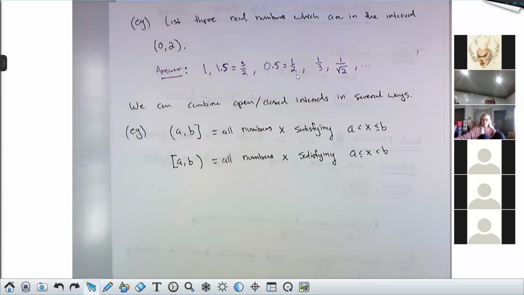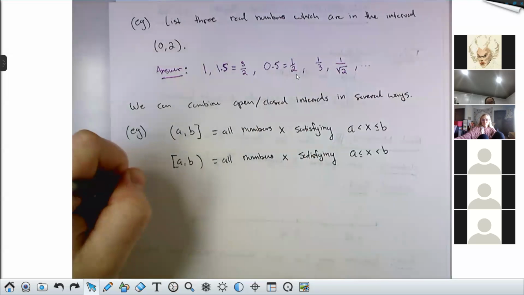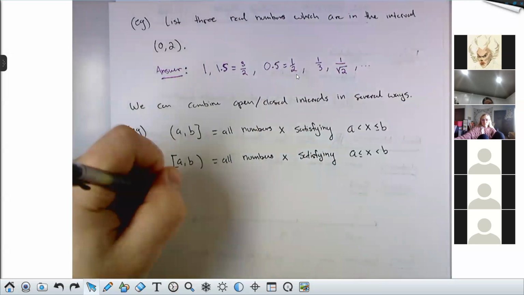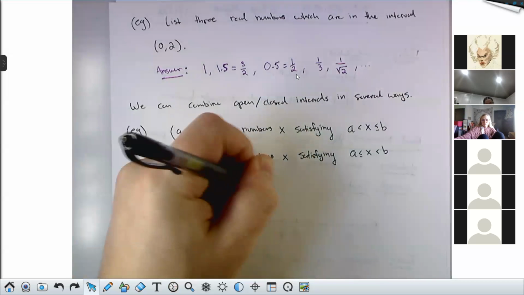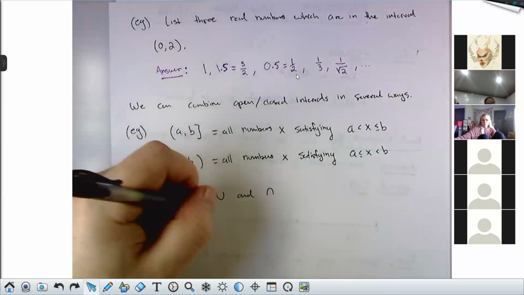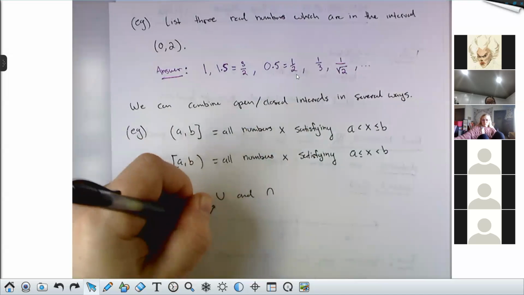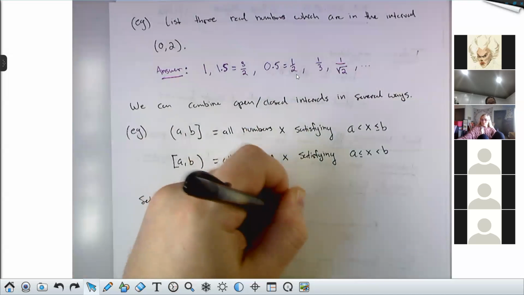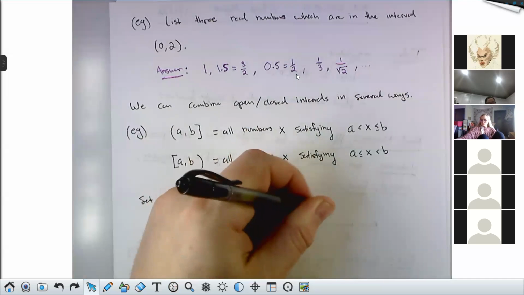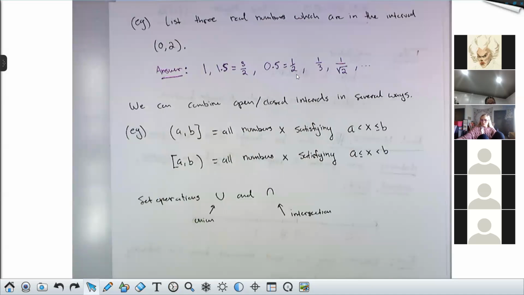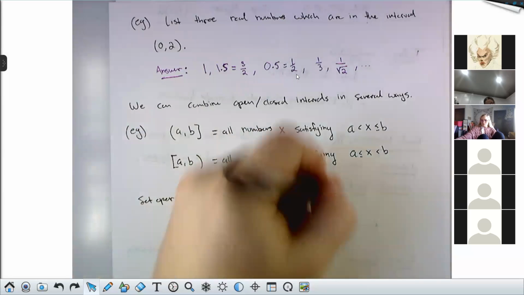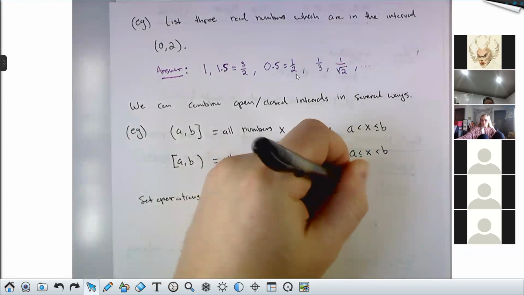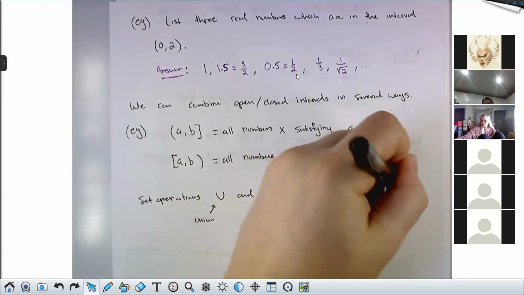And then we can also use the union notation. Set operations, union, and intersection. So the union of two sets, set operations, union, intersection can be used to combine sets.